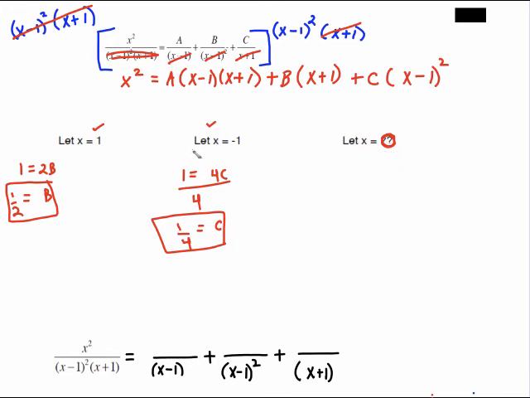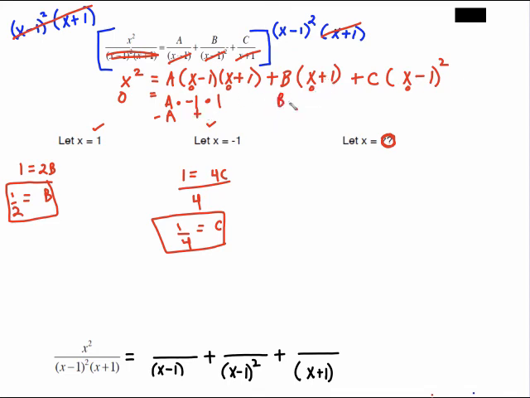So I'm letting x equal 0. Put a 0 here, here, here, and here. So this is a times 0 minus 1 is negative 1, 0 plus 1 is positive 1. So this is a times negative 1 plus 1 gives me negative a. Over here, 0 plus 1 is 1 times b.